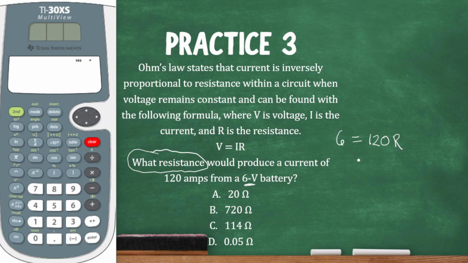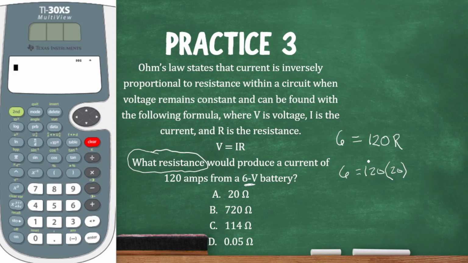Now this one isn't as easy as the other ones in some ways, because we don't just plug it into the calculator and hit enter. We've got the variable next to a number. So there's a couple ways we could do this. One, we could just plug in some of the answer choices until we get to our answer. So if 20 were R, then 6 would be equal to 120 times 20.